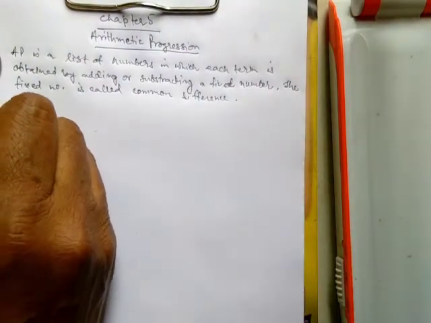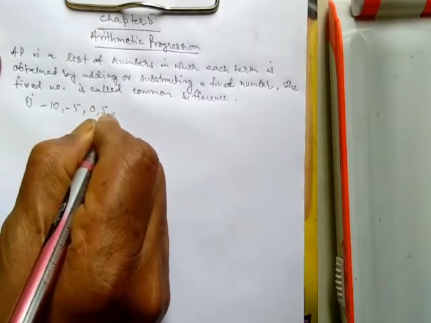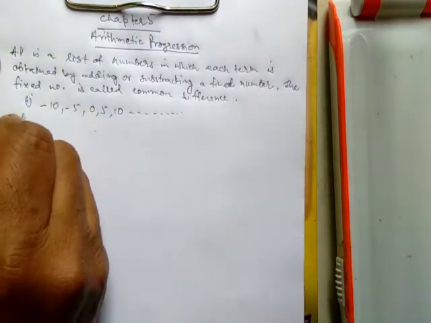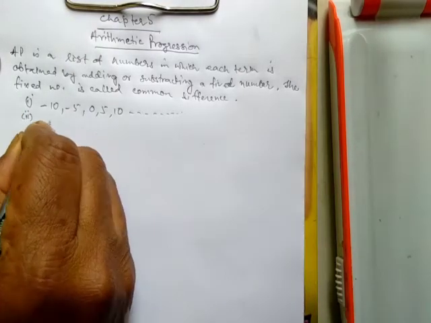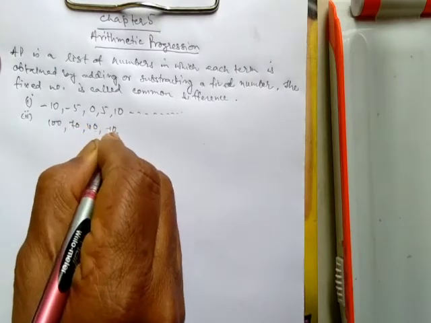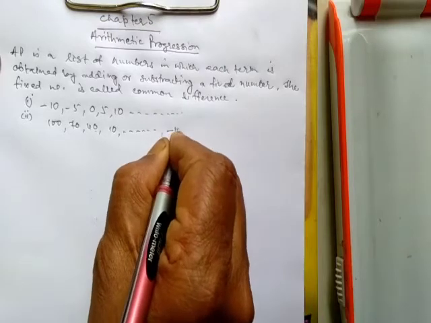Suppose I am taking one example: minus 10, minus 5, 0, 5, 10, like this it goes up to infinity. Next I am taking 100, 70, 40, 10, like that it goes up to minus 100.